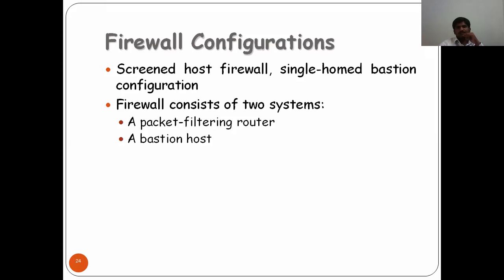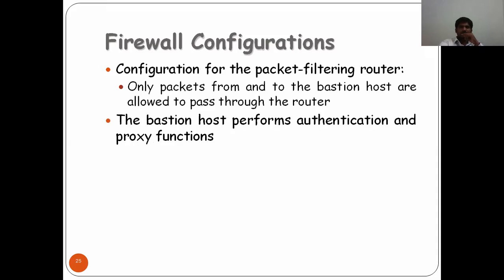So the firewall consists of two systems, which we can call inner and outer. That is the packet filter router and the bastion host that we are going to use for these two systems. So how are we going to do the packet filtering?